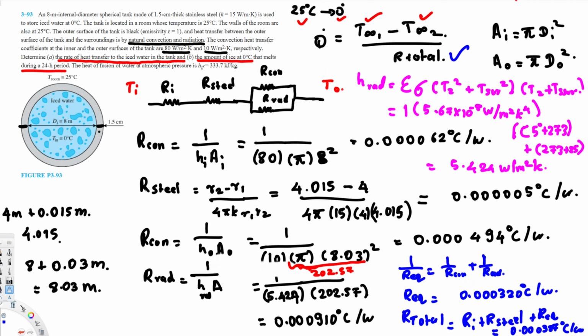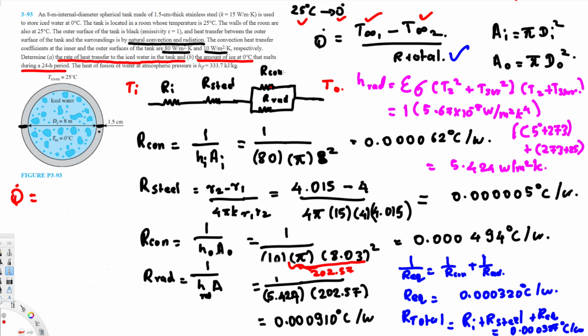To calculate that one, let's continue here. So we know that Q dot is equal to T infinity 1 minus T infinity 2. So this is the initial temperature. We are starting from 25 degrees Celsius because the heat always goes from hot to cold. So hot is going to be the initial.